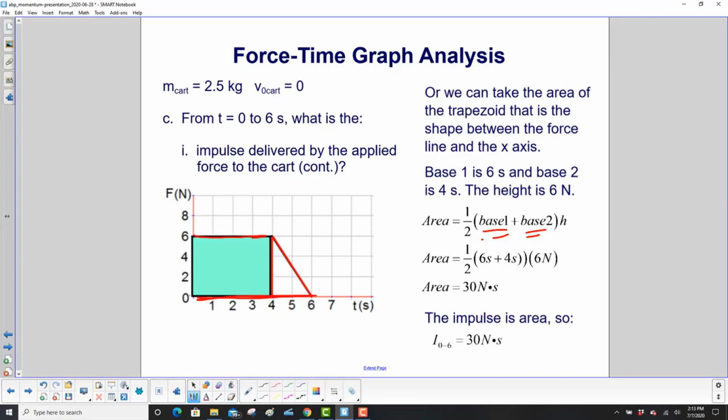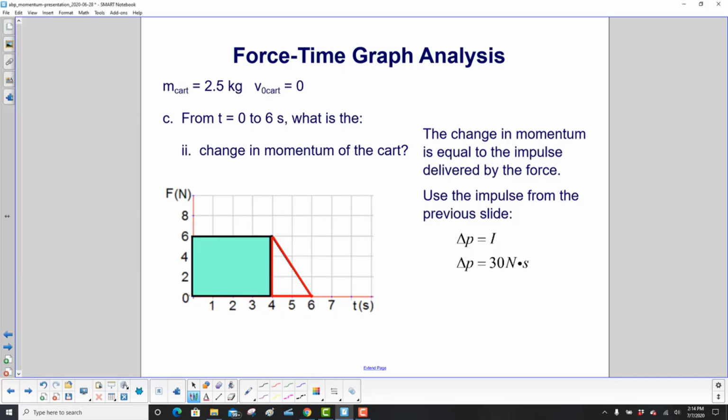And here's base 2, the horizontal part of this here, that's 4 seconds. And then the height is 6. The height of the trapezoid is this thing here. So we have the two bases added together, times the height, and once again we get 30 newton seconds. That's good, or else geometry would be wrong. So the impulse is the area, so the impulse is 30 newton seconds.